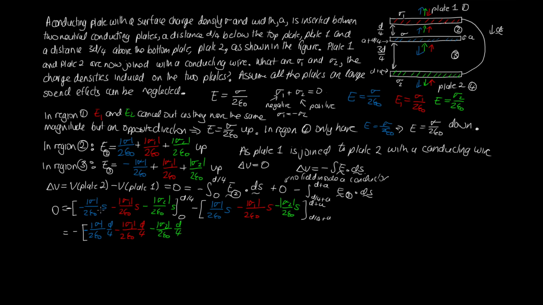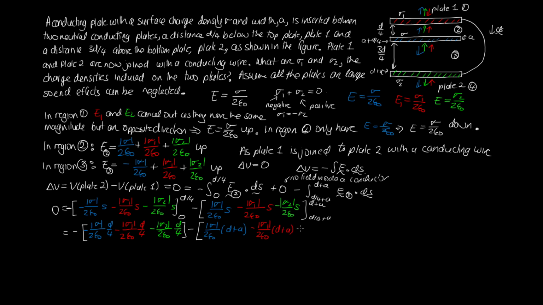And then when we substitute in 0, each of these terms becomes 0. So that's easy. We don't need to worry about those ones. And then we've got this second bracket. So in this first term, we've got sigma over 2 epsilon naught, and then we've got d plus a. And then minus sigma 1 over 2 epsilon naught d plus a.